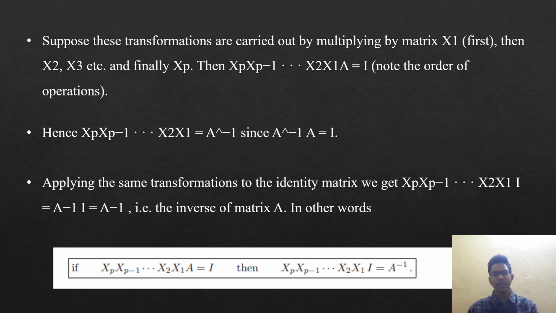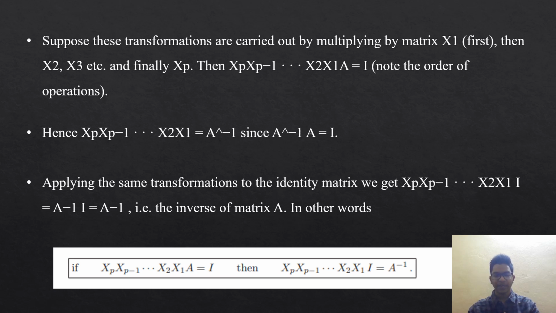Suppose these transformations are carried out by multiplying by the matrix X1 first, then X2, X3, etc., and finally Xp. Then Xp Xp-1 and so on up to X2 X1 A is equal to I.